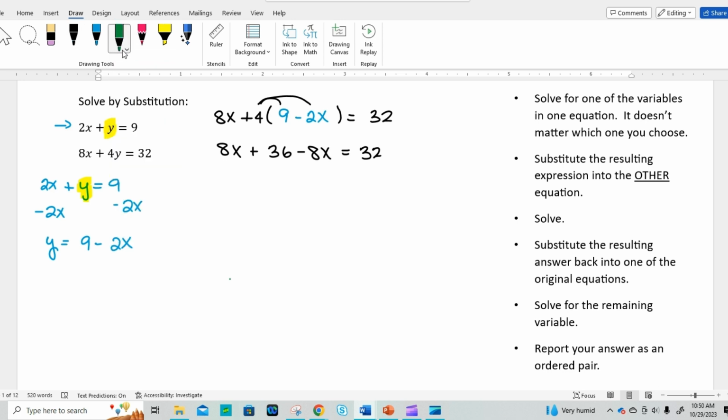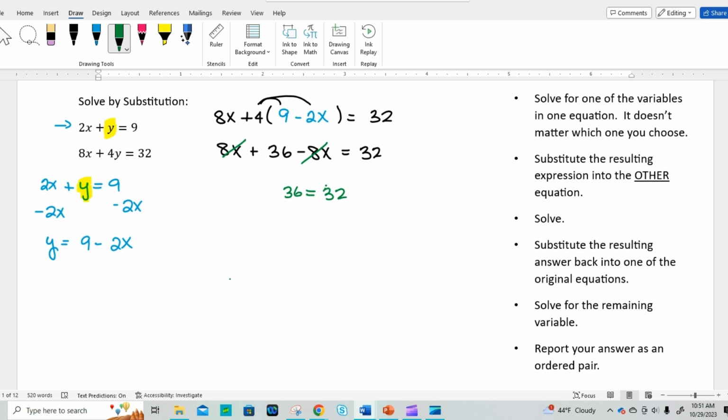And then, hold on a minute. Then I would combine my like terms, but I've got positive 8x and negative 8x, and those cancel out. So that leaves me with 36 is equal to 32.